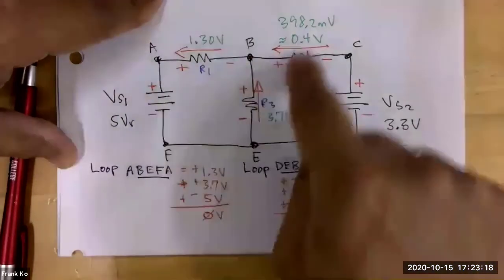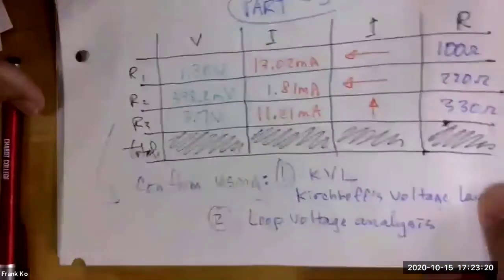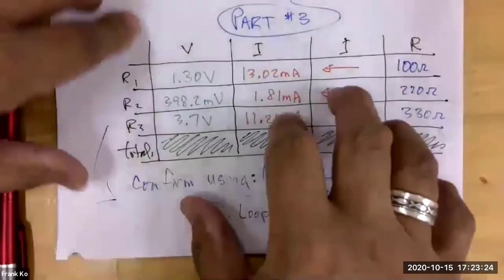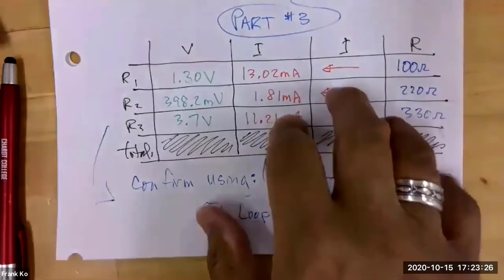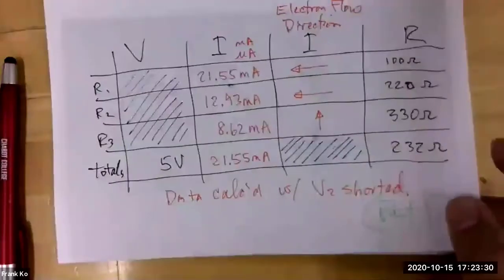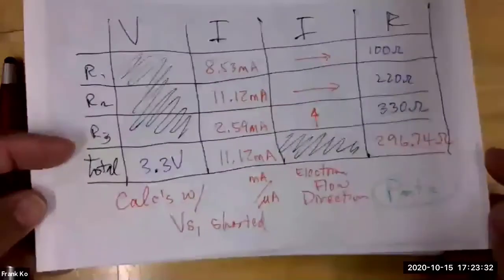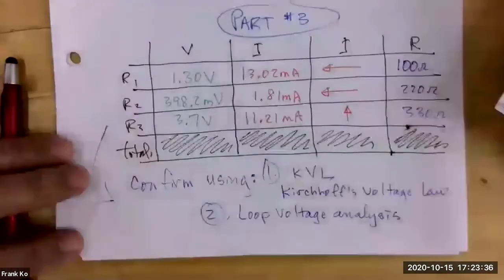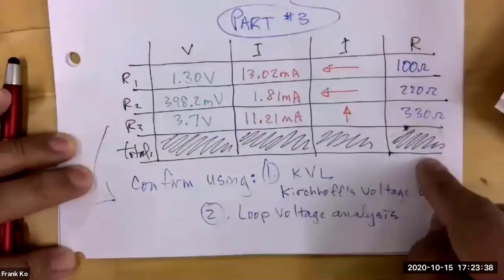And where did these values come from? These values came from our part 3 of our analysis. Where did our part 3 analysis information come from? It came from us analyzing part 1, analyzing part 2, and then algebraically adding up the values to give us part 3.